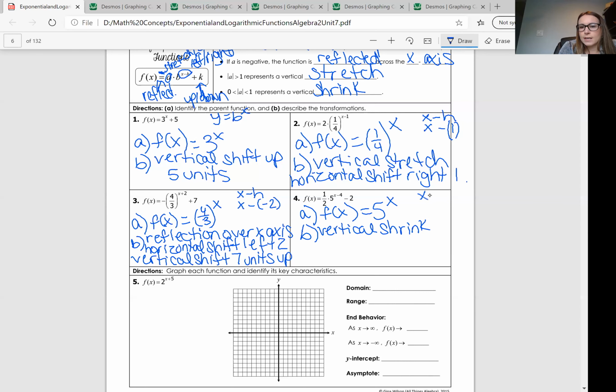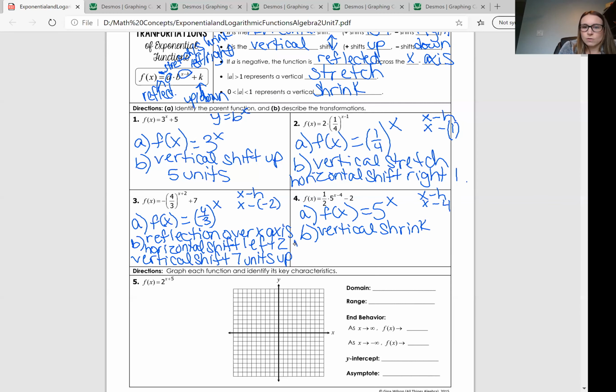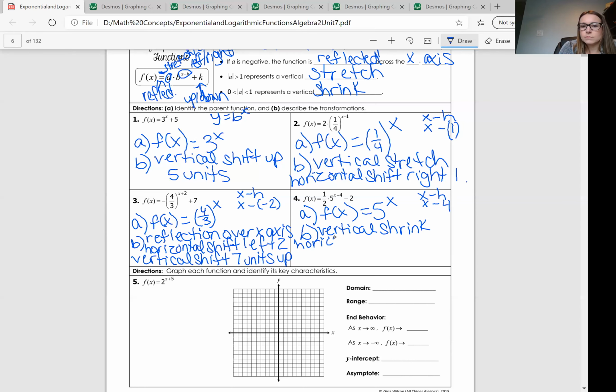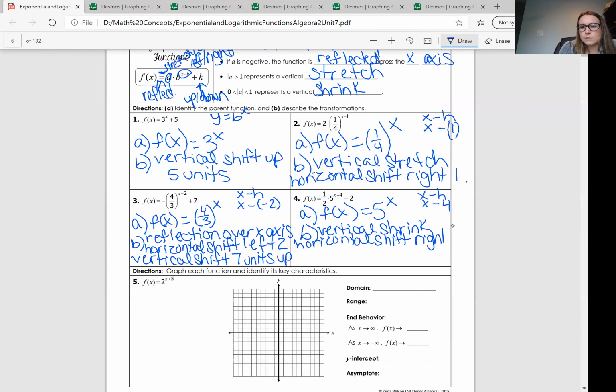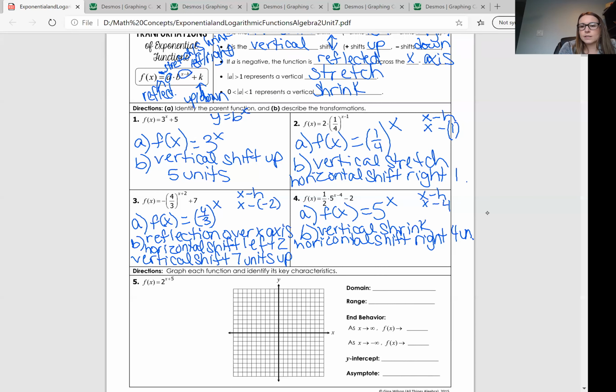So again, if I had x minus h, that's the equation, then you have x minus 4, okay? That's part of your equation. Now, the h is 4, so that means it's a +4, which means it's moving to the right 4 units. So this is a horizontal shift right 4 units, okay?